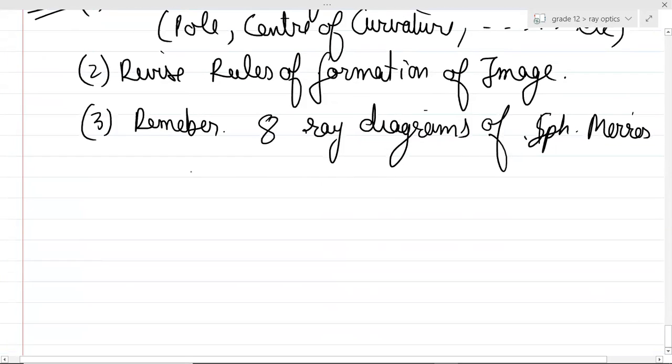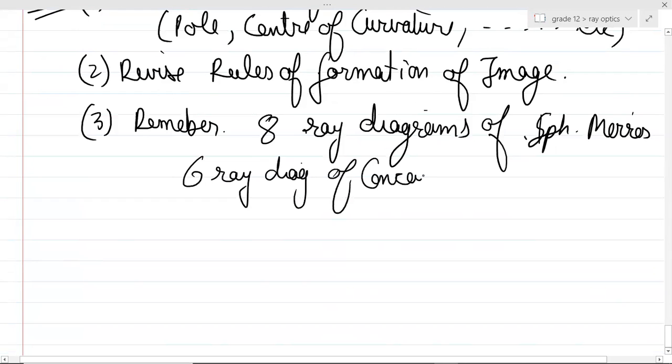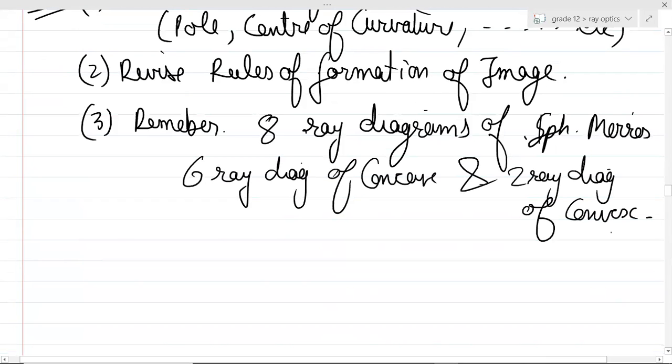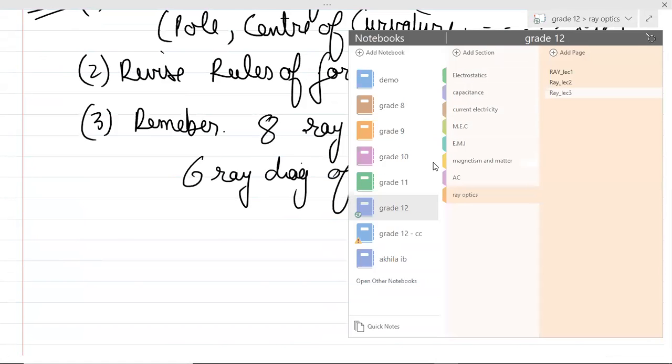So what were those 8 ray diagrams? 6 ray diagrams of concave and 2 ray diagrams of convex. So basically, you need to do this as your revision for today.